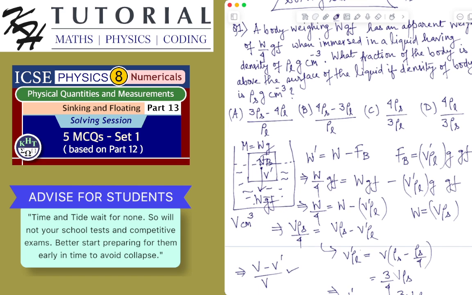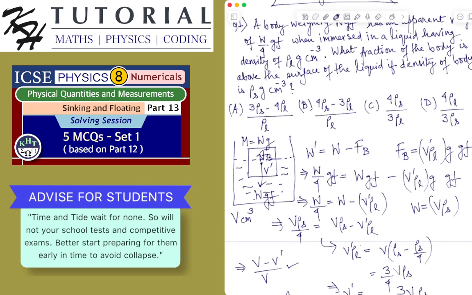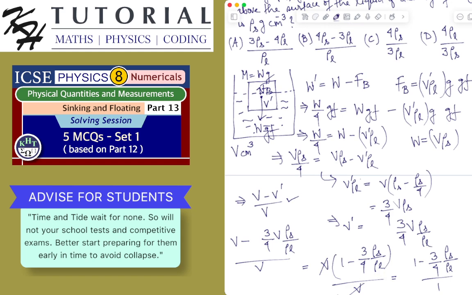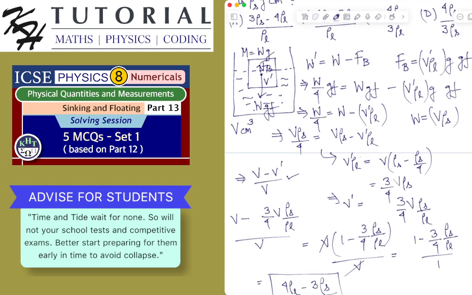So we have V rho S divided by 4 is equal to V rho S minus V dash rho L. So V dash rho L is equal to V multiplied by rho S minus rho S by 4, which is 3 by 4 V into rho S, which implies that V dash is equal to 3 by 4 V into rho S by rho L. Okay. So we have this V dash in terms of V.